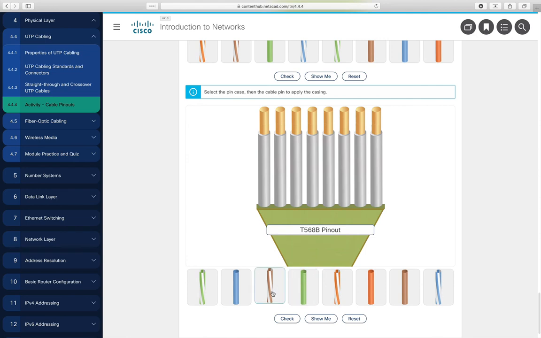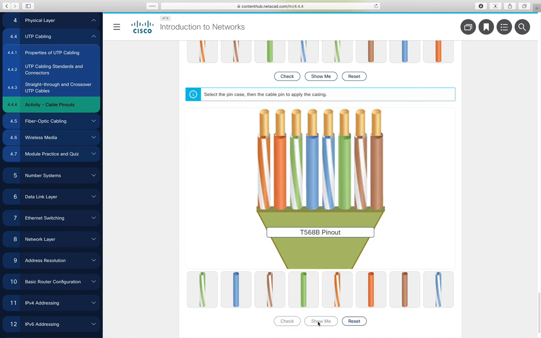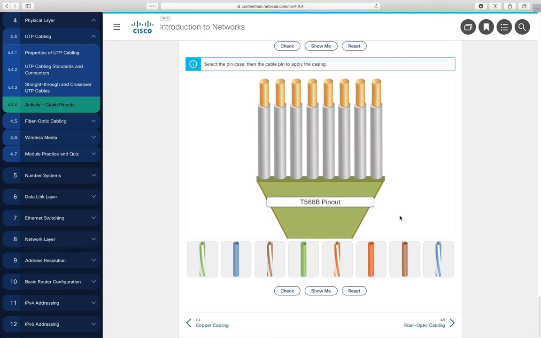Basically what you do is you click the color and then you click the wire in there. You can go through and do that. You can check it. You can say, show me the correct colors. And then you can reset it back and try again. So slightly different activity than we've seen before.